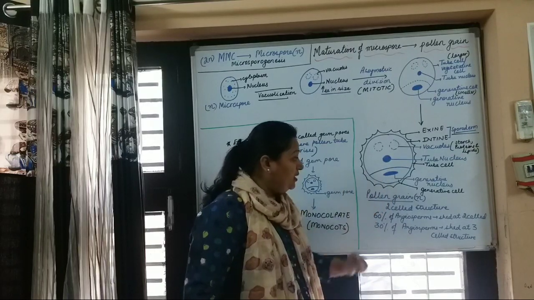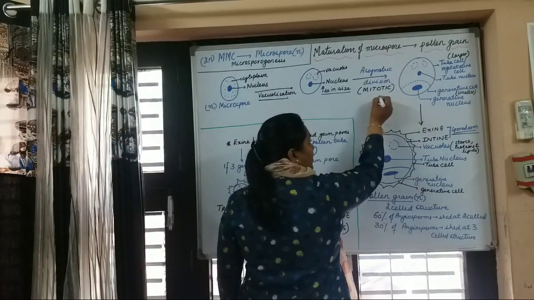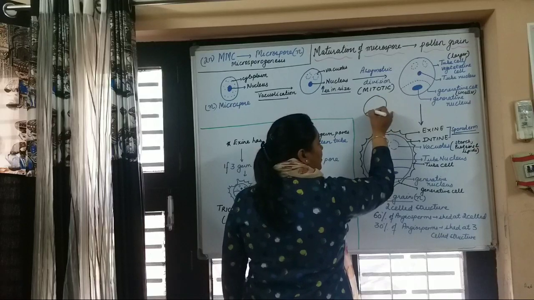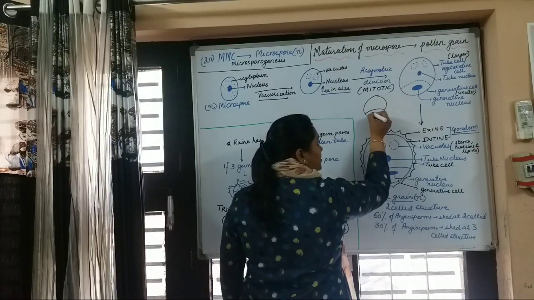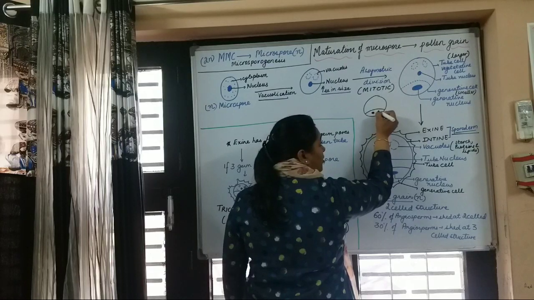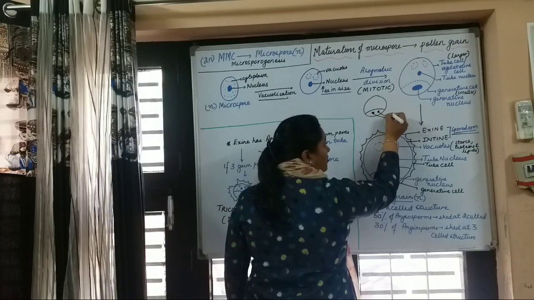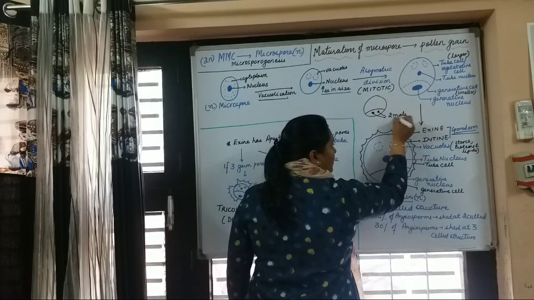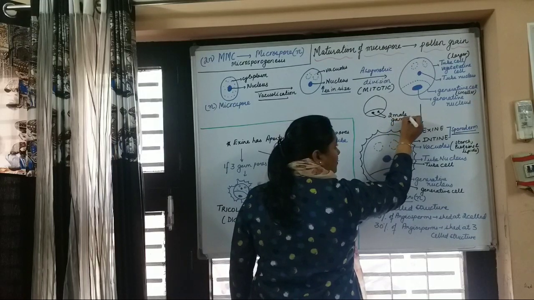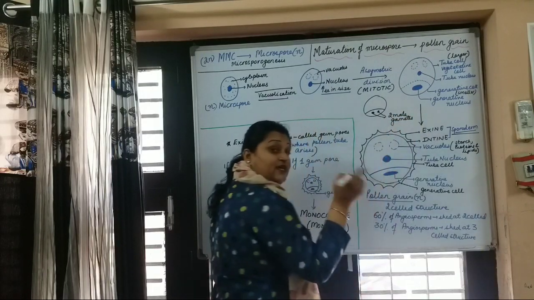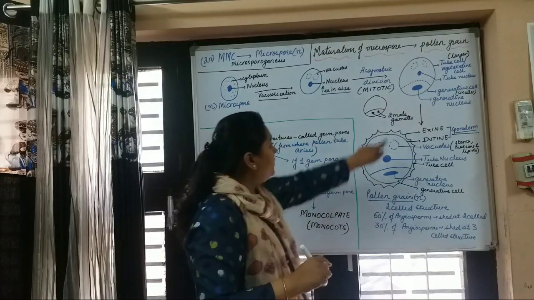Three-cell structure means that the generative cell, the lower, smaller one, divides so that the generative nucleus forms two male gametes, which will fertilize the ovule.